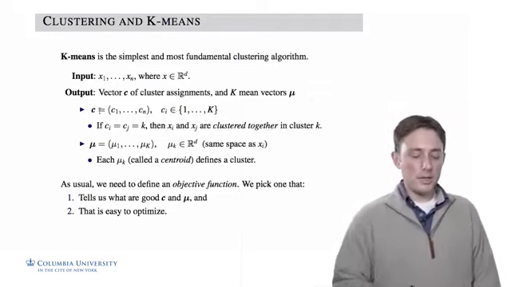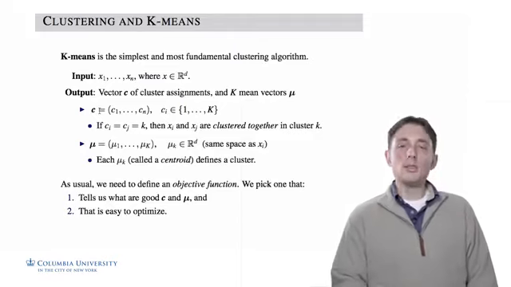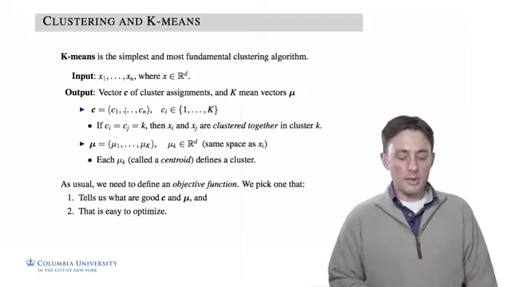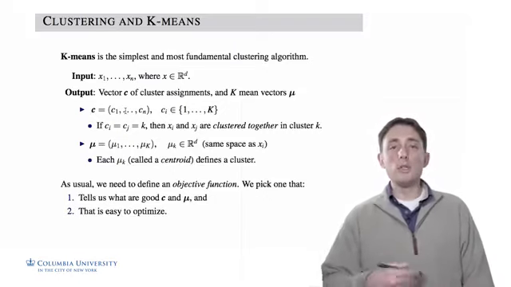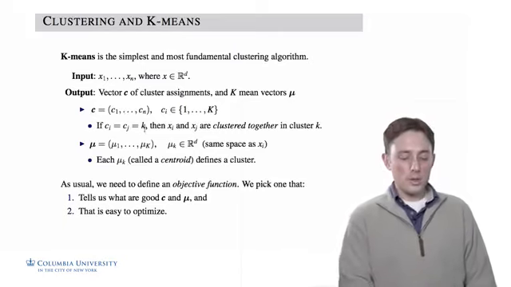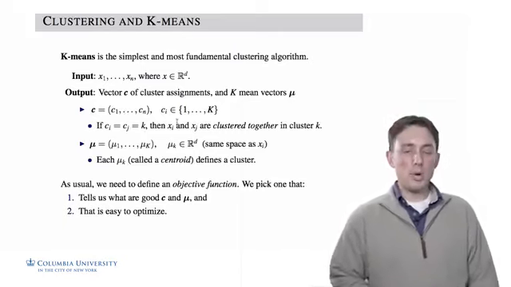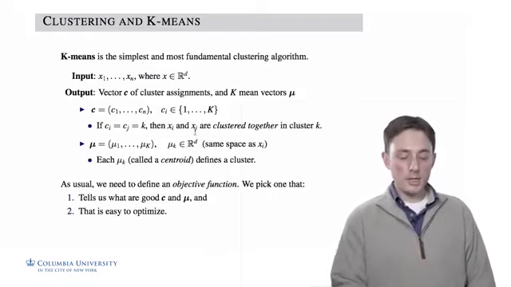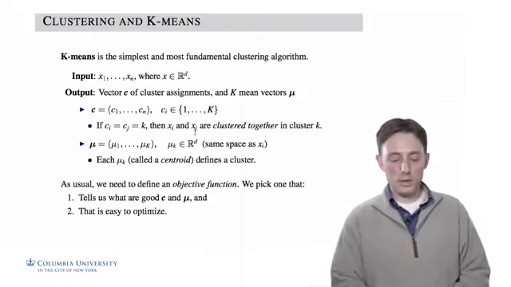So this vector c is exactly from the previous slide, where the ith entry in this vector is going to indicate which cluster the ith data point belongs to. So if ci and cj are both equal to k, then that says that the points xi and xj are clustered together in cluster k.